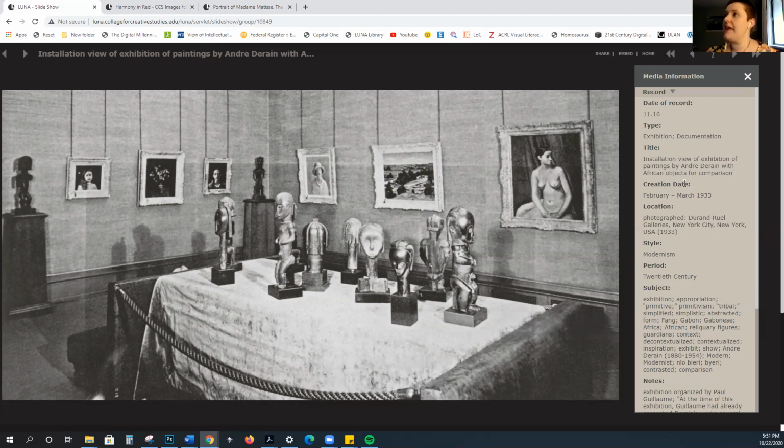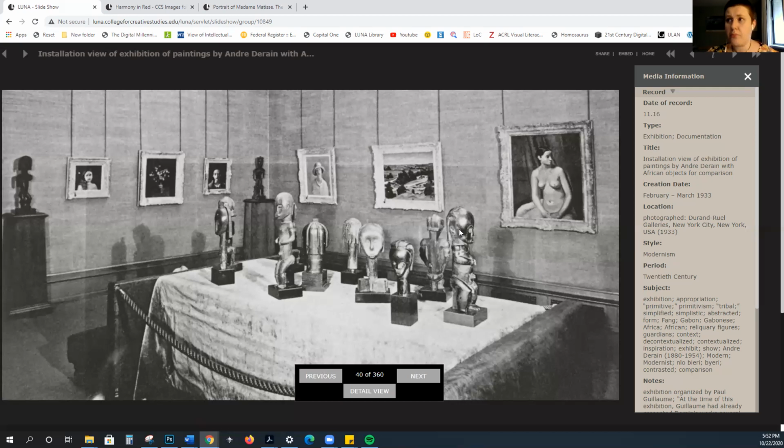And so what you see here is a photograph of a 1933 exhibit in New York. And this is paintings by Derain juxtaposed with African sculptures, so that you can really see how the works by Derain are inspired by these sculptures, right? And these sculptures are from Central Africa, and they would be guardians for reliquary bundles.